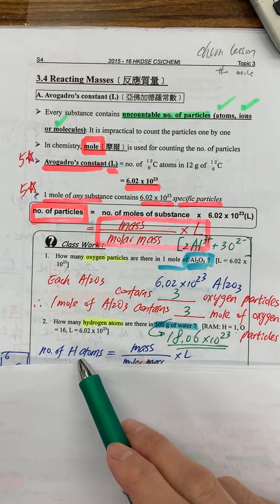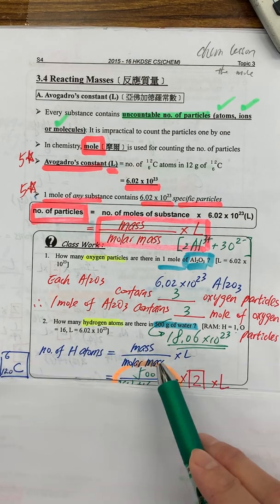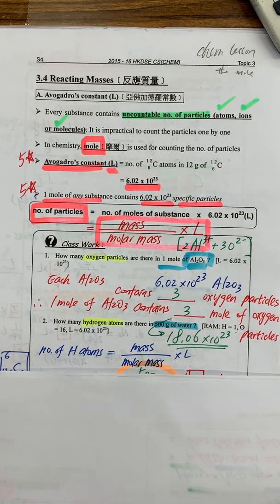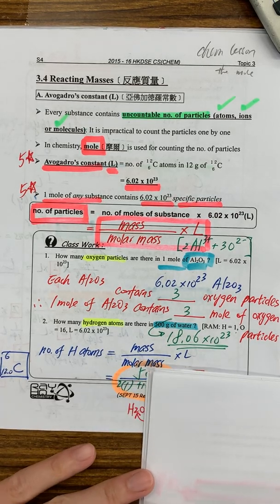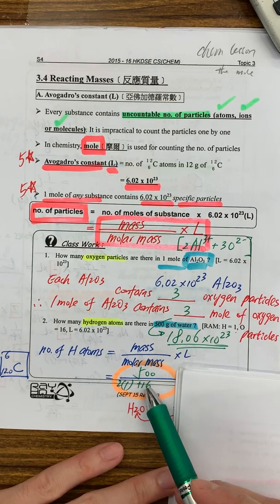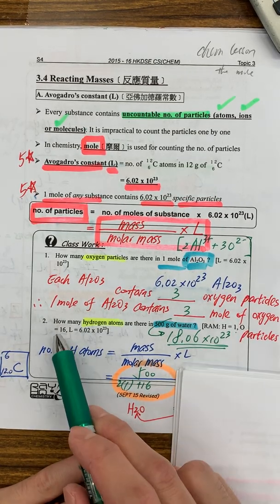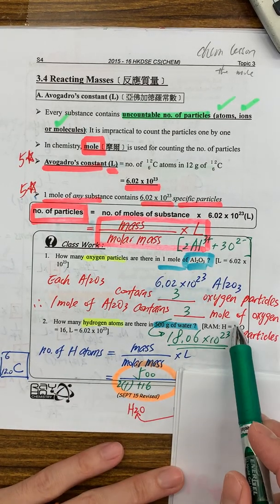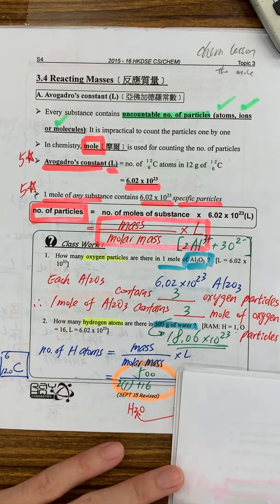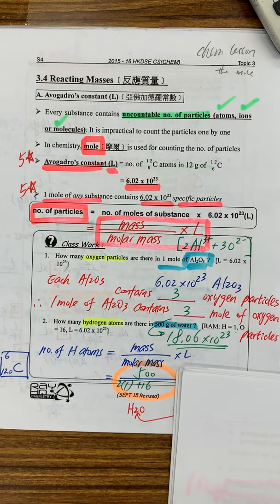Number of hydrogen atoms: mass divided by molar mass times L, right? Mass is 500. Molar mass of water: oxygen 16, hydrogen 1, right? And what next?